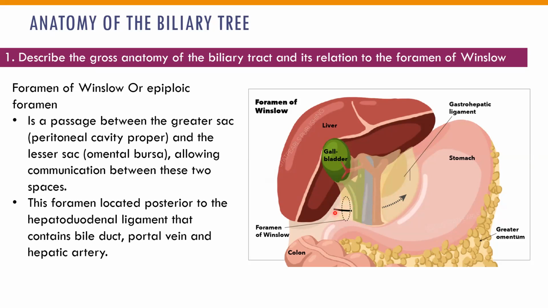So the foramen of Winslow is located posterior to this hepatoduodenal ligament, and it is the opening connecting the lesser sac and the greater sac.